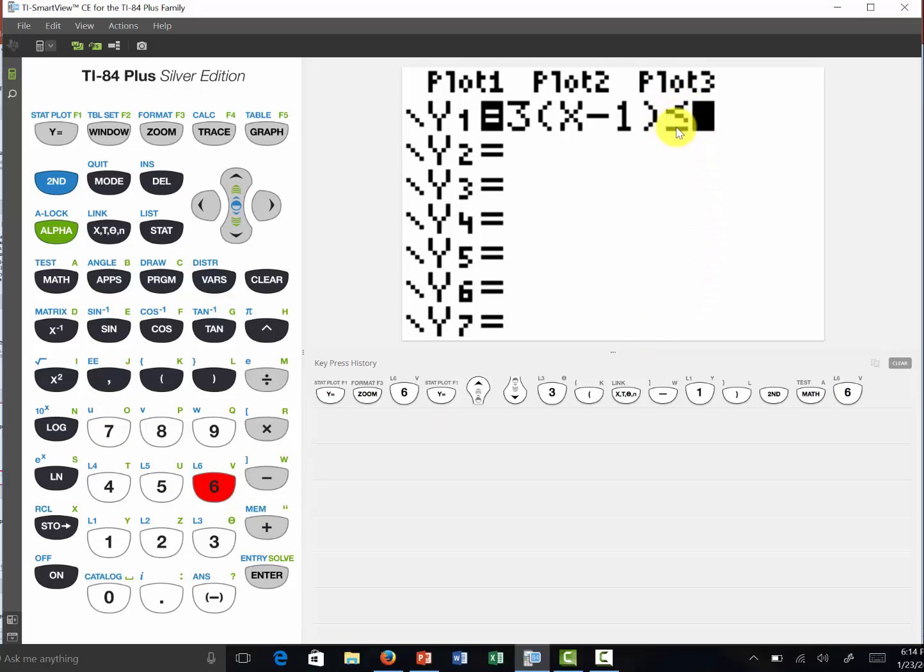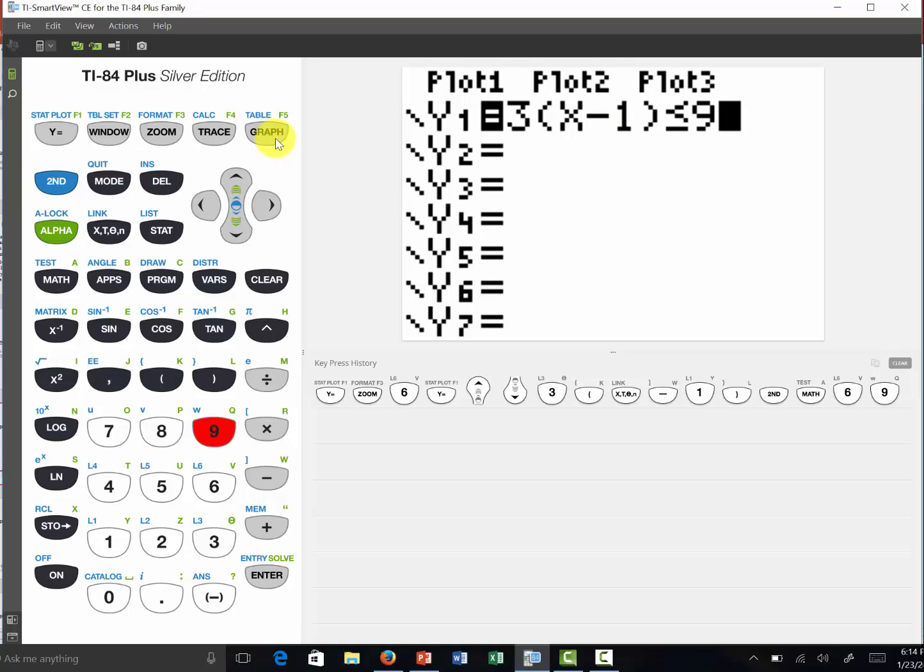This pastes the inequality symbol into our y equals, and then we type in finally 9. For the values of x where this is a true statement, the calculator is going to report a 1. For values of x where this inequality statement is not correct, it's going to report a value of 0.